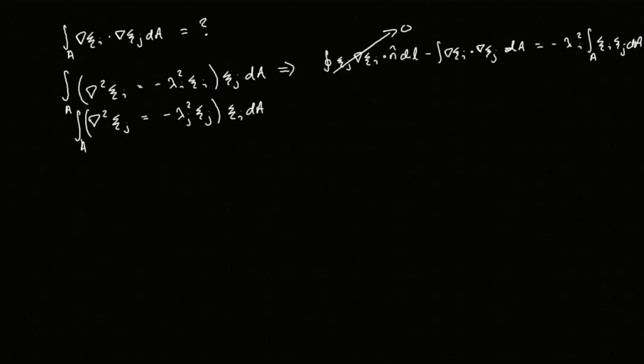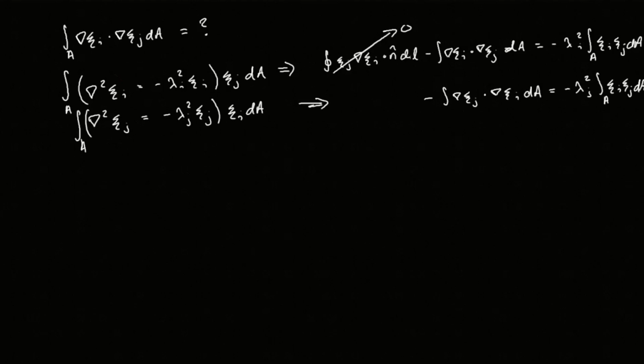So if we do this for the second equation, we get a similar result. If I have grad Cj dotted with grad Ci, which those commute, so this is the same thing. And on the right side, I have minus lambda j squared Ci Cj dA.